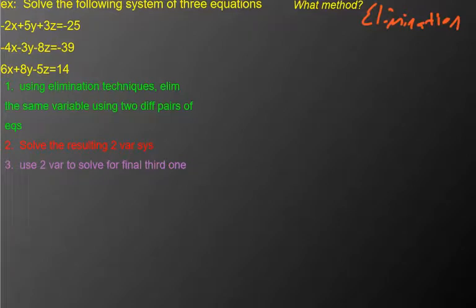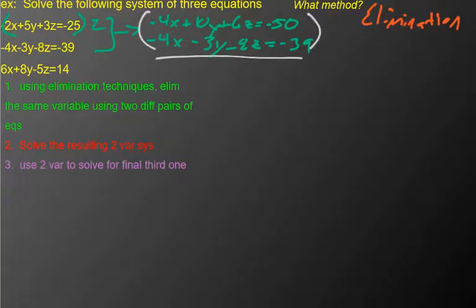I'll try to keep this organized and color-coded. I'm going to take pair 1 and multiply by 2, and I get negative 4x plus 10y plus 6z equals negative 50. Then I'm just going to copy the other equation. This is a case where you want to subtract, and if you subtract, you eliminate the x's.